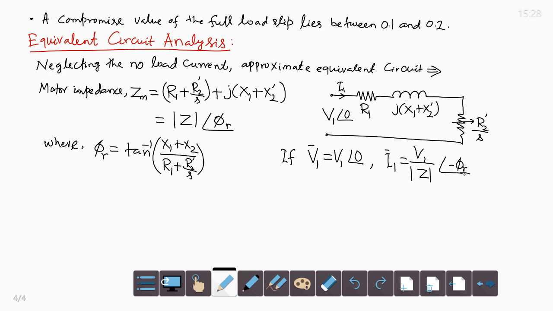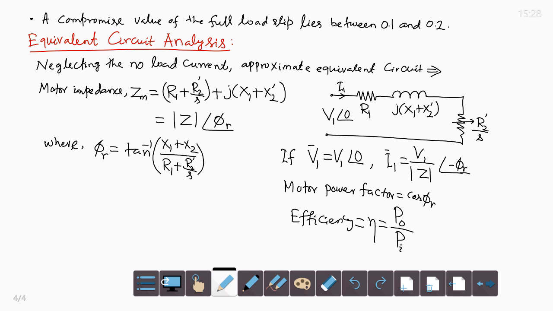So, motor power factor is equal to cosine of phi r, and efficiency eta is output power by input power. Okay. So, what is the input power?